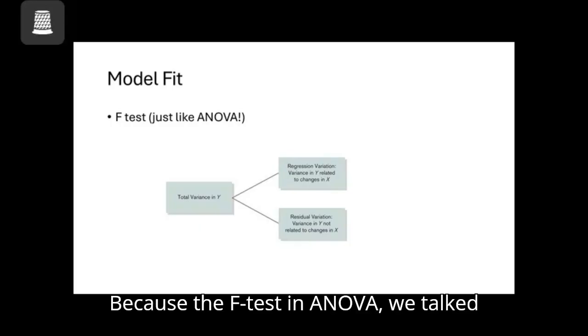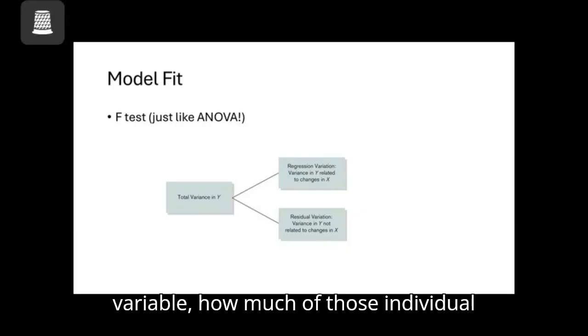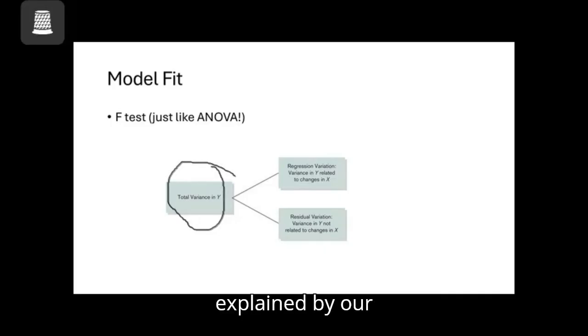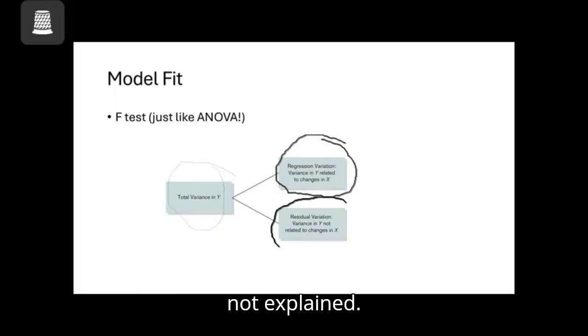We talked about the F-test specific to ANOVA, but really what it's doing is telling us how much of the variability in our outcome variable, how much of those individual differences in variable Y, in anxiety, or in wound healing, are explained by our variables or our predictors, our model, and how much is not explained.